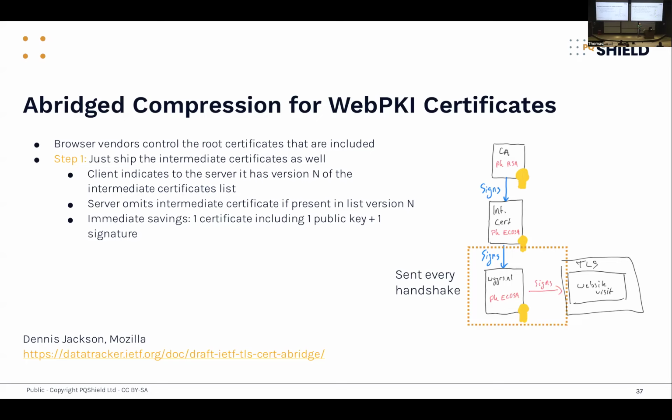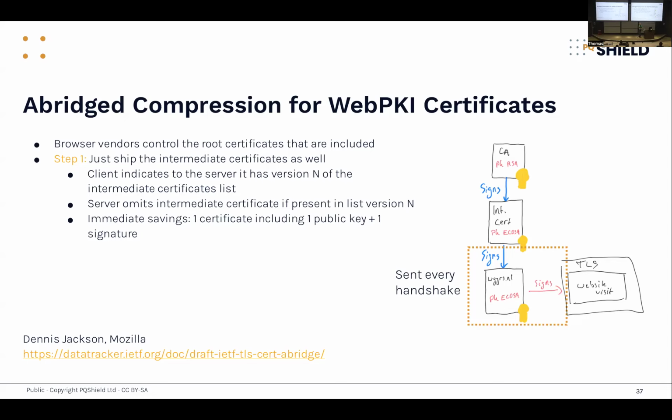And that way we get a nice fallback for clients that are out of date. This immediately saves one signature and one public key, right? So that's kind of nice. This doesn't really get rid of all of the certificate transparency signatures and all of that, but it is a nice first step.